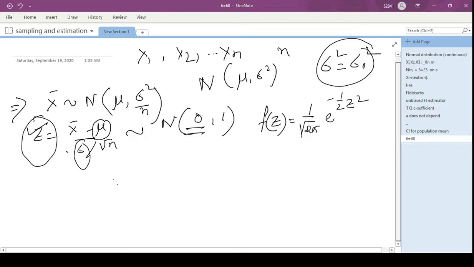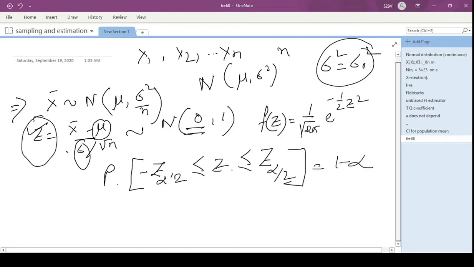So we can say from our previous knowledge that minus z at alpha by 2, if you remember the graph, is less than equal to z is less than equal to z at alpha by 2, is equal to 1 minus alpha, right? That is very obvious and very clear, because the probability or the area of the graph from this point to this point is 1 minus alpha, as we have seen in the previous slides.